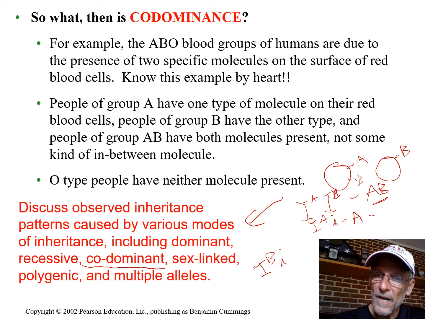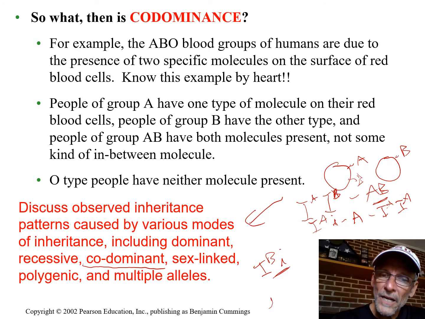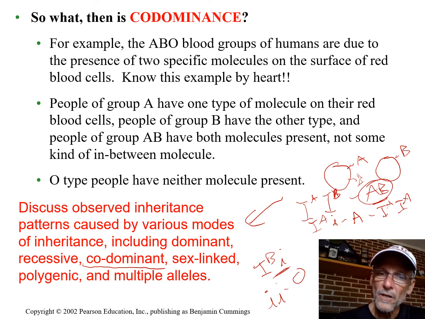You could also have type A blood by getting two type A genes. You could be homozygous type A. Likewise, you could be homozygous or heterozygous for type B. And then you could have type O blood, which means you got two of these recessive genes. So see, here we have four phenotypes: type A, type B, type AB, and type O.